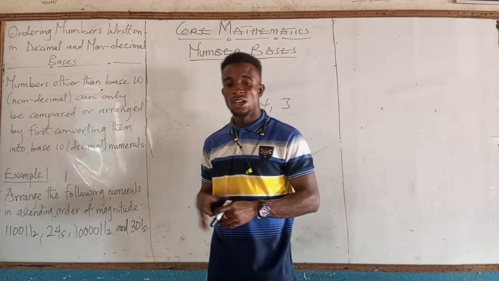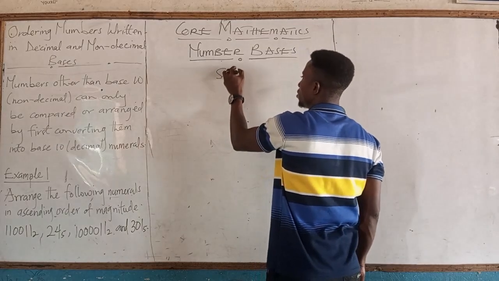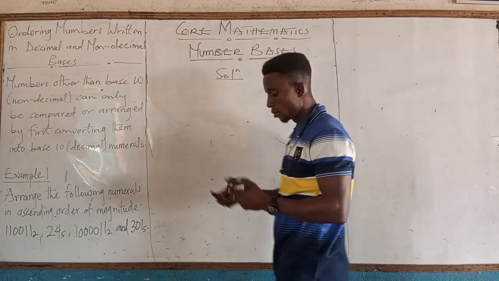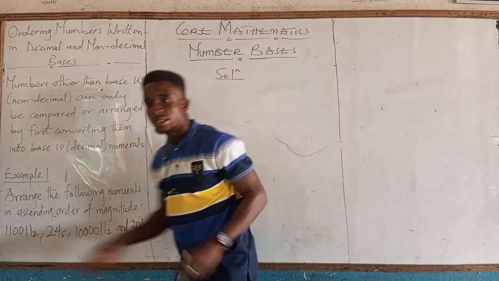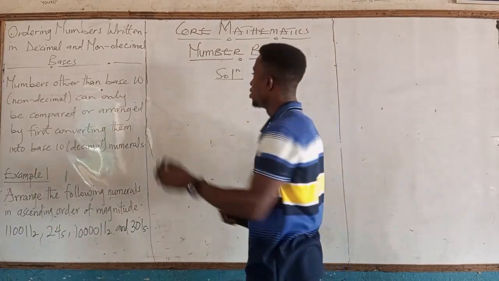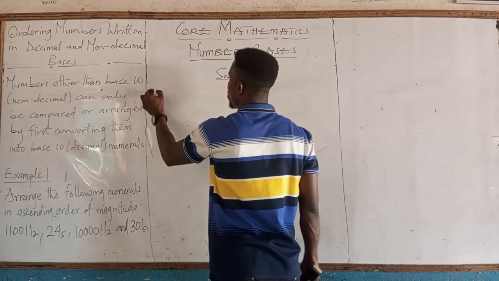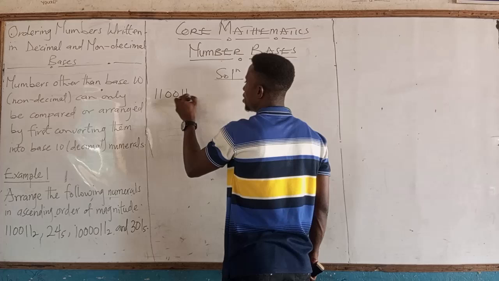Shall we start? Okay. So solution. First of all, we have to convert this one to base 10. And I know you know how to do it, right? So converting that one to base 10, we have 1, 1, 0, 0, 1, 1 base 2.